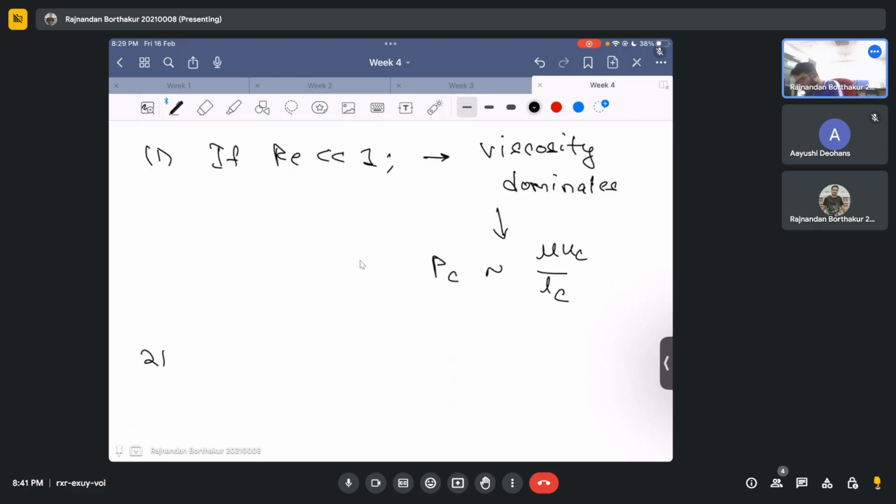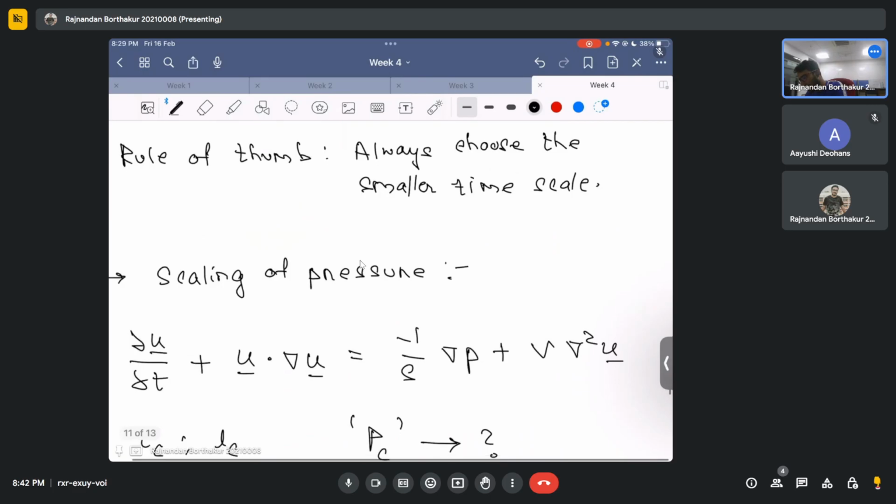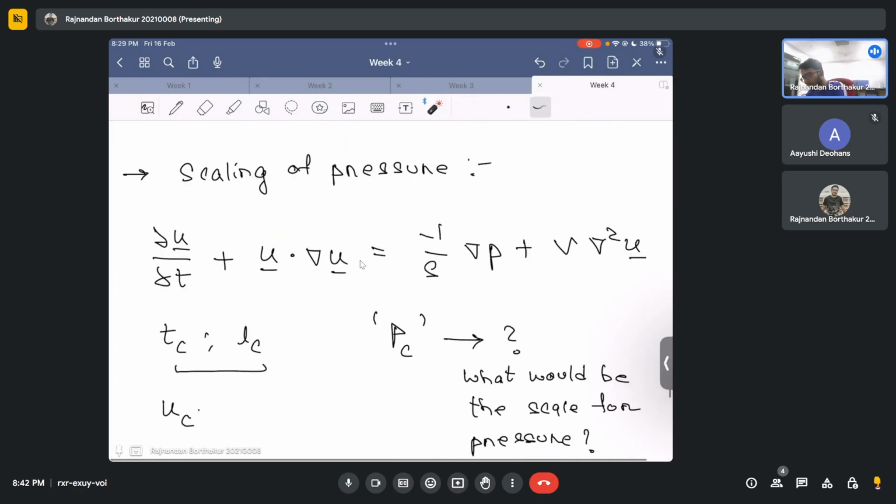On the other hand, if the Reynolds number is very much greater than 1, we know the inertia dominates. The only way the pressure can balance this inertia is that these two terms should be of the same order of magnitude. So the pressure term must scale as the advection term.